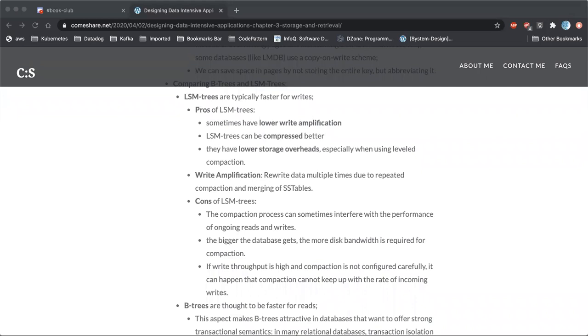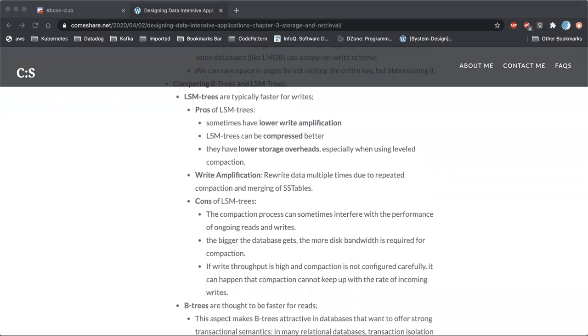Before that, what the author says is that LSM trees are typically faster for writes, whereas B trees are faster for reads. Reads are typically slower on LSM trees because they have several data structure checks and SSTable checks at different stages for compaction, right?